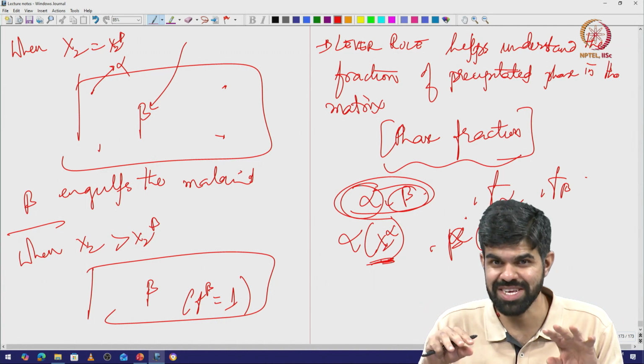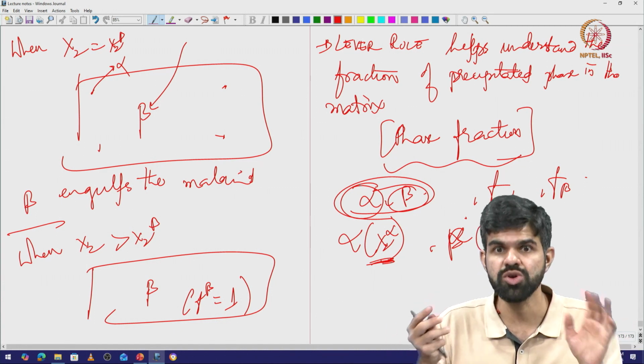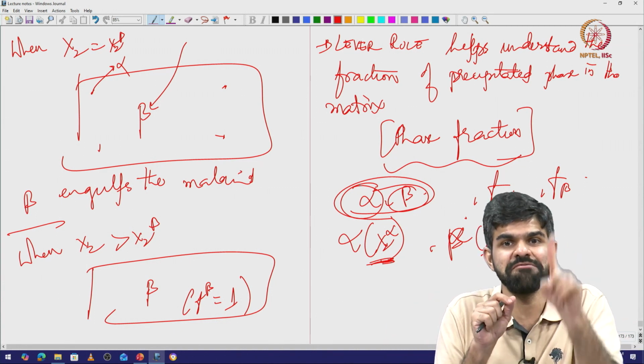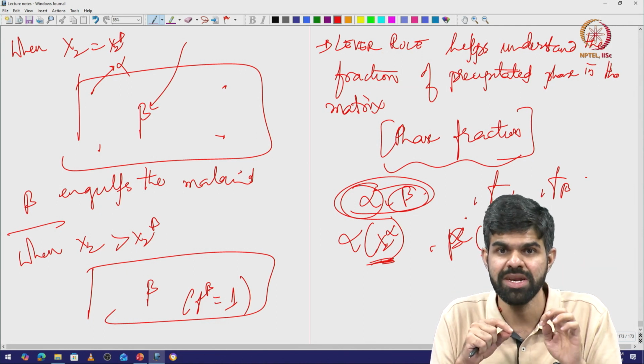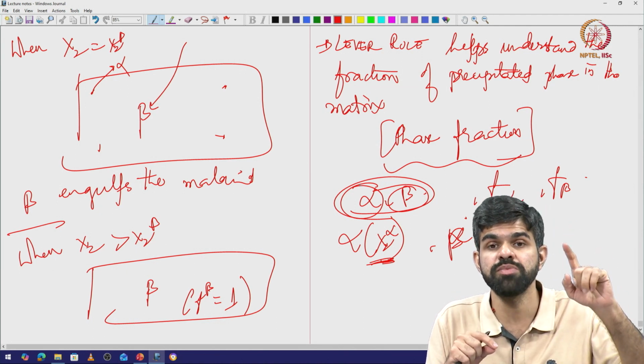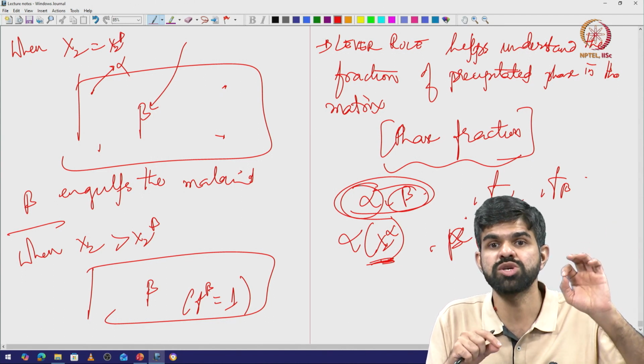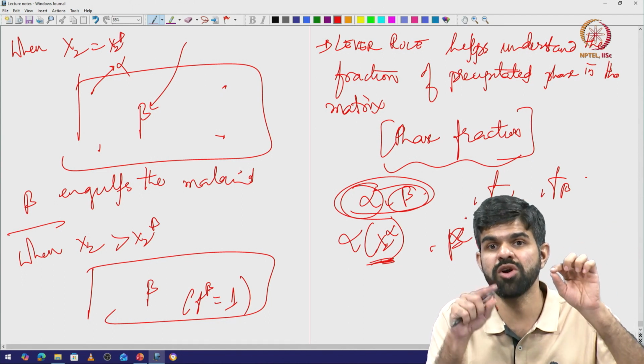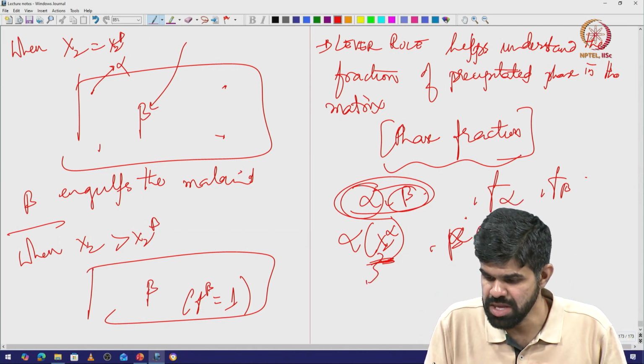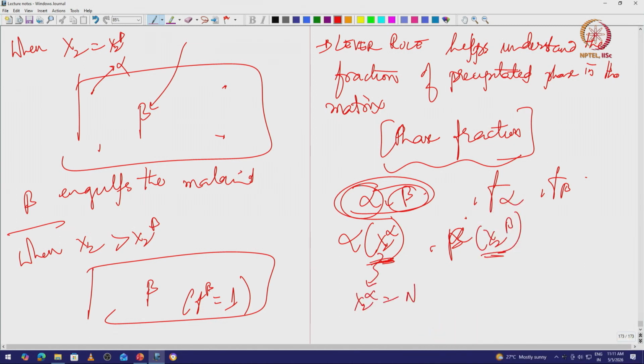The other fraction that we are using is the composition, but composition tells me how much of species 1 is in phase alpha, right. So phase alpha has a composition of x2 alpha, which means the number of 2 atoms in alpha divided by the total number of atoms in alpha, the number of 1 atoms in alpha plus the number of 2 atoms in alpha. This has got nothing to do with phase fraction.